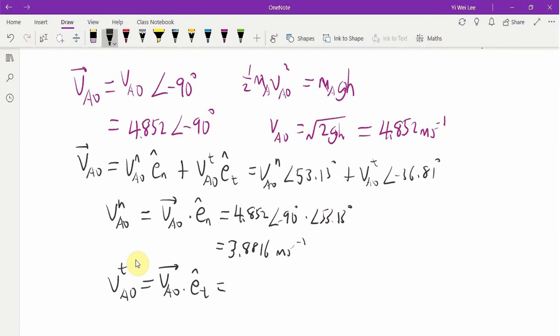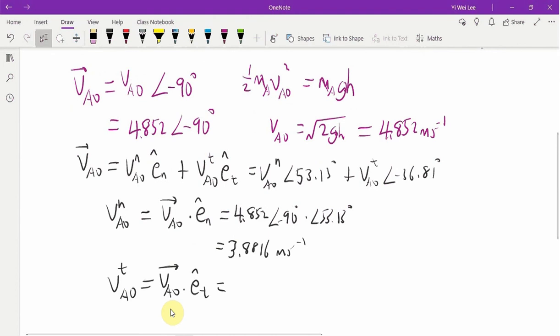We want to find the component of the initial velocity which is along the plane of collision, just equal to the velocity before collision dot product with the unit vector tangential to the plane of collision. When you dot product them together, you will get the component of velocity along the plane of collision.